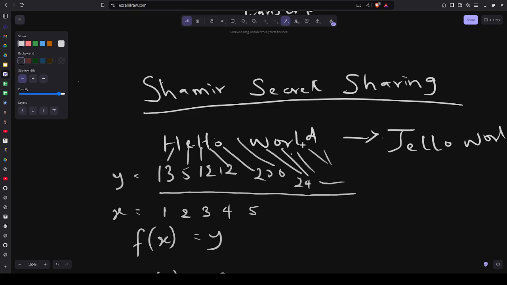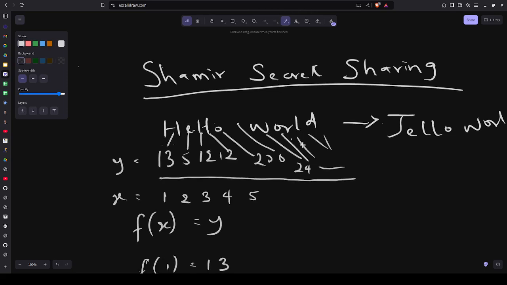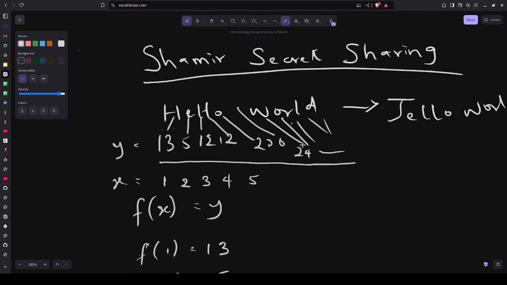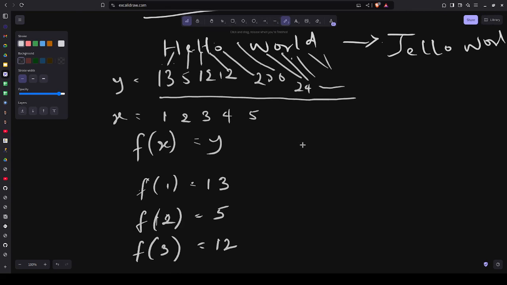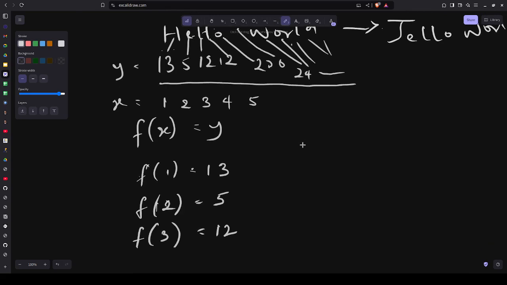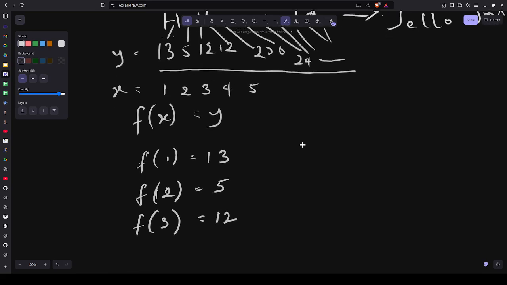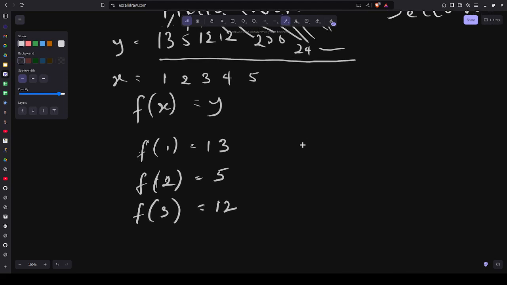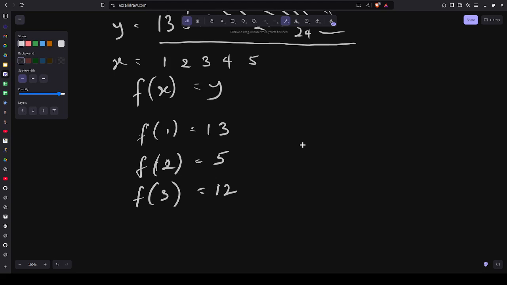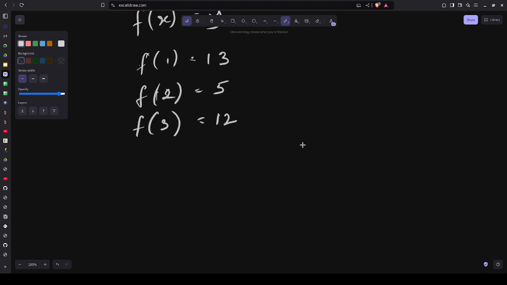Okay, so let's now talk a little bit about polynomials and why that is even possible, right? So there are the properties of, let's say, coding theory.